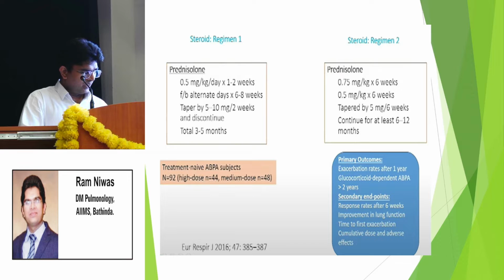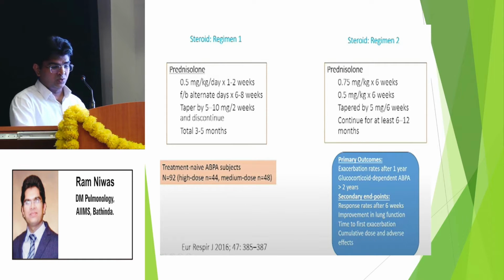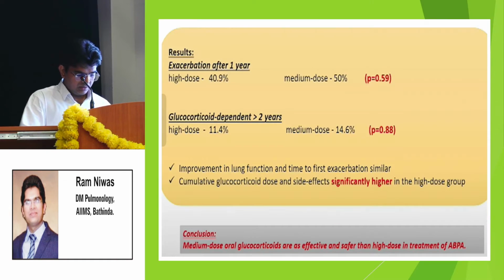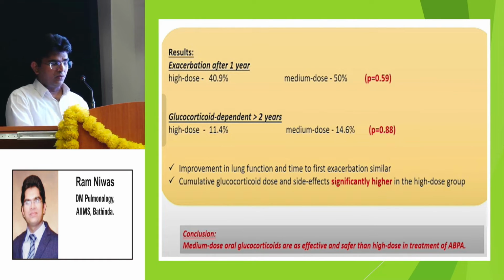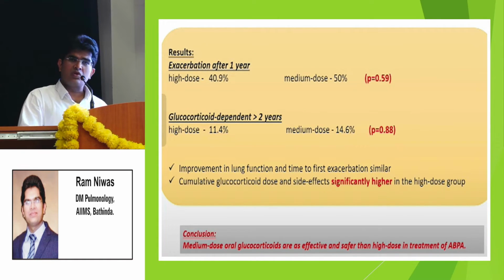Now this is the study that was published in ERJ 2016, and they compared the 2 regimens. They showed that the exacerbation after 1 year and the glucocorticoid dependence were almost similar.